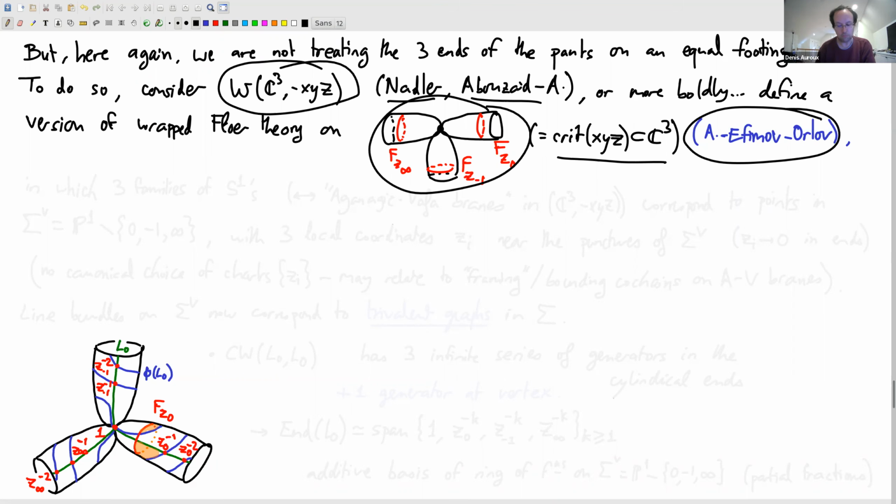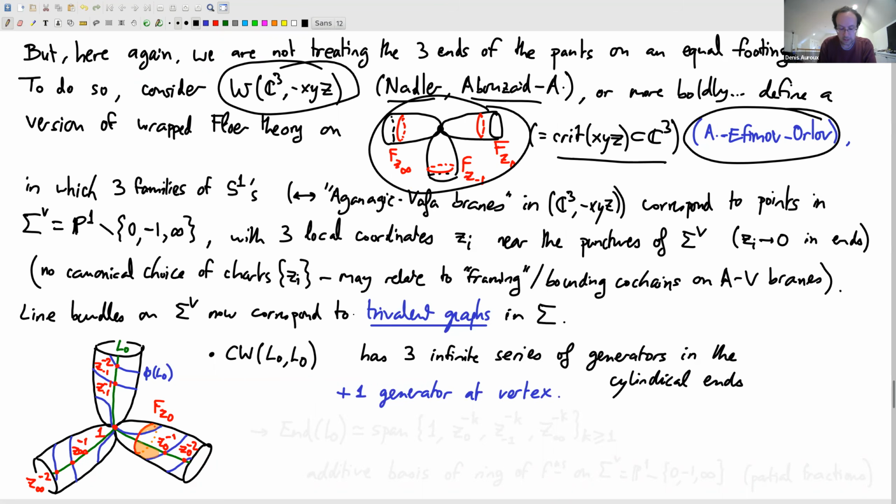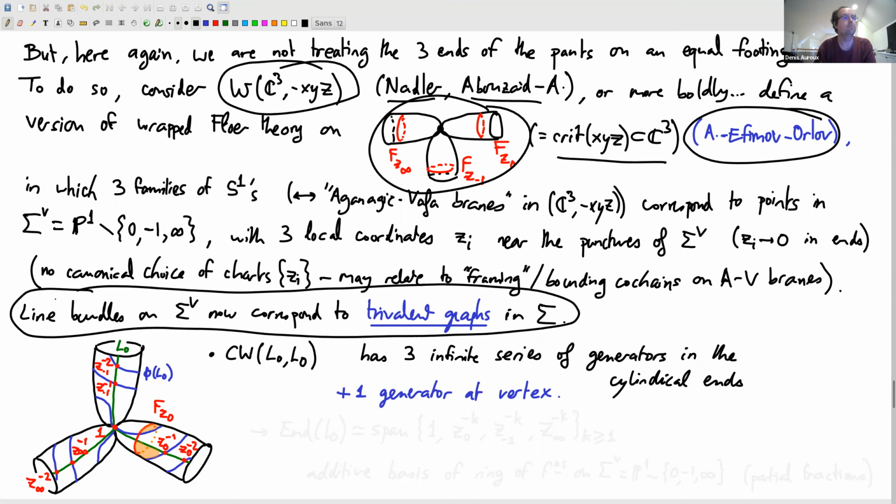We allow, so points on the mirror correspond to circles like these ones. And now the new thing is that line bundles on the mirror will correspond to trivalent graphs drawn on sigma, with one leg in each piece at each trivalent vertex.